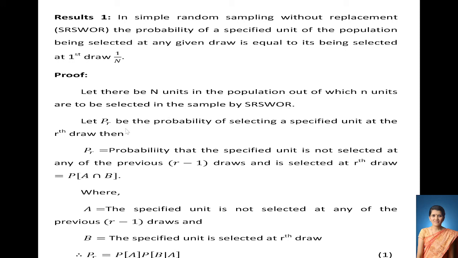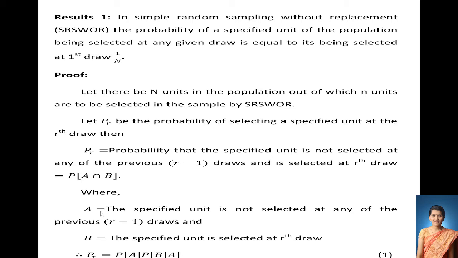Let P_r be the probability of selecting the specified unit at the rth draw. So P_r will be the probability that the specified unit is not selected at any previous r minus 1 draws and it is selected at the rth draw. This means the probability of A intersection B. Where A is that the specified unit is not selected at any one of the previous r minus 1 draws, and B is that the specified unit is selected at the rth draw.